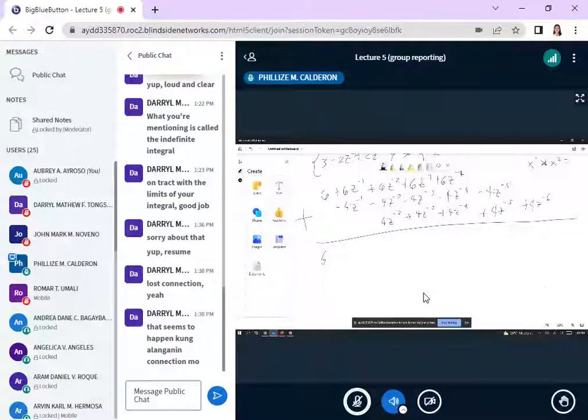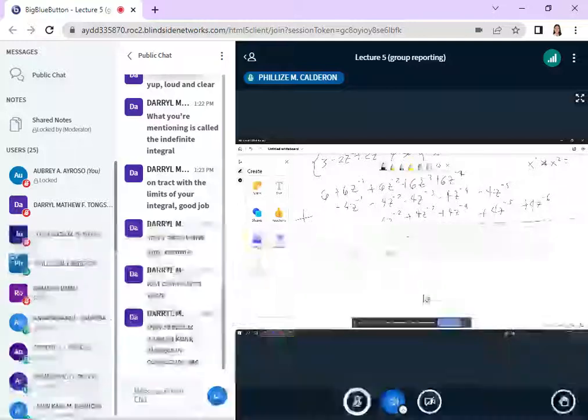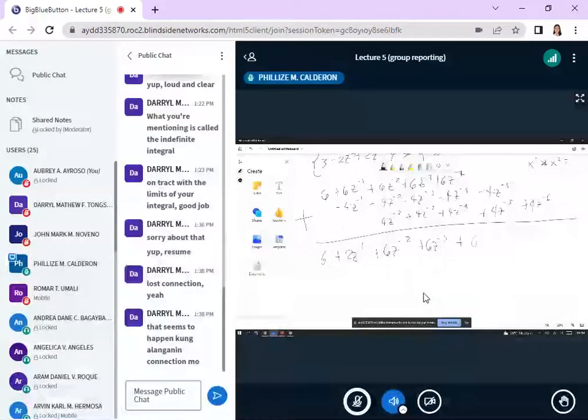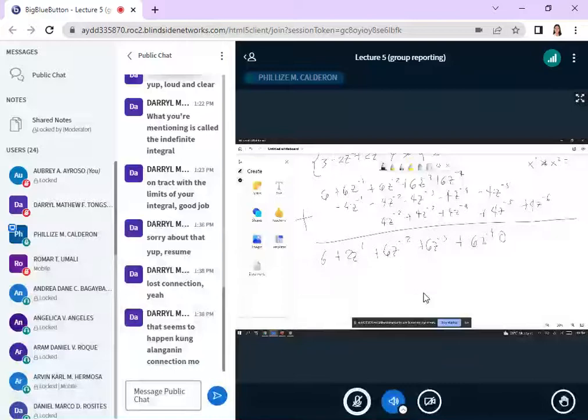Then 6 minus 4 plus 2, z raised to negative 1. Then 6 minus 4 plus 4, meron tayong 6 plus 6, z raised to negative 2. Then 6 minus 4 plus 4 plus 6 ulit, z raised to negative 3. Ganun ulit sa pang-apat, 6z raised to negative 4. Then negative 4 plus 4, 0, plus 0, z raised to negative 5, then plus 4z raised to negative 6.